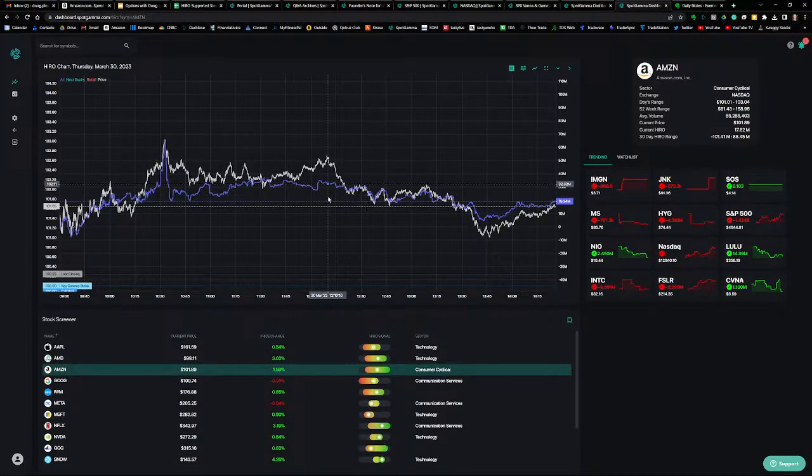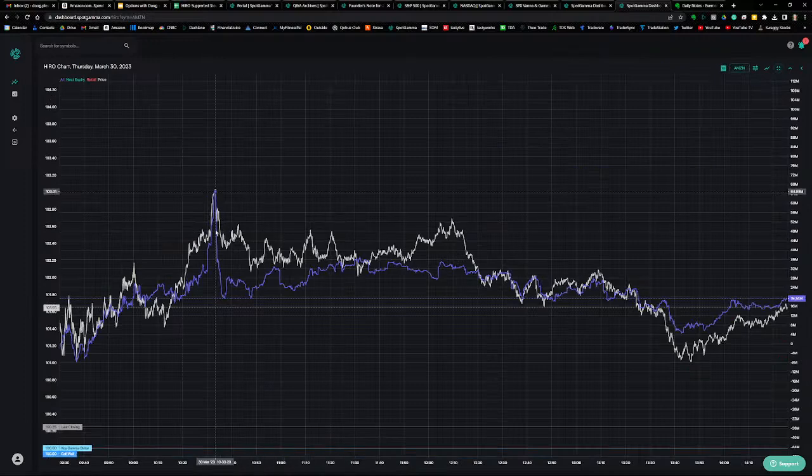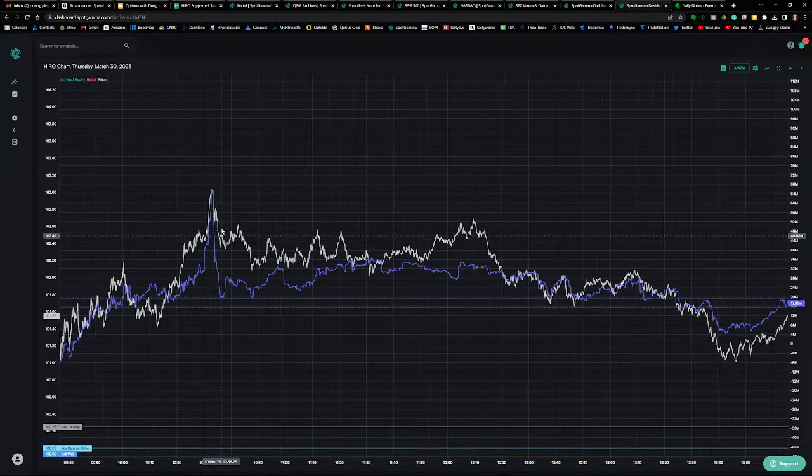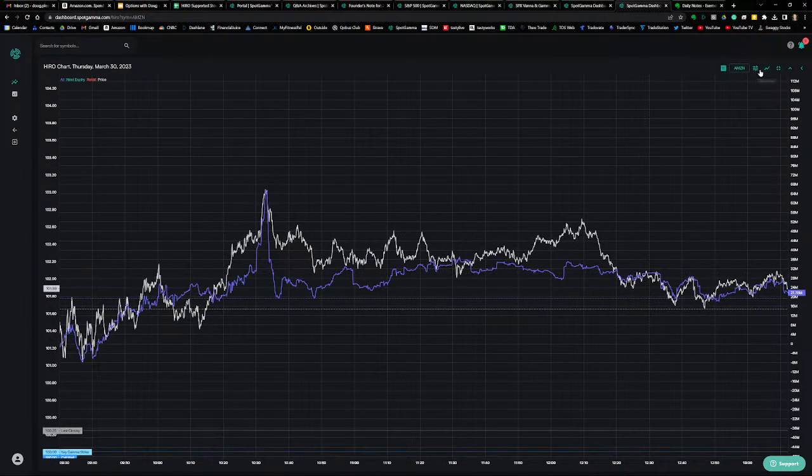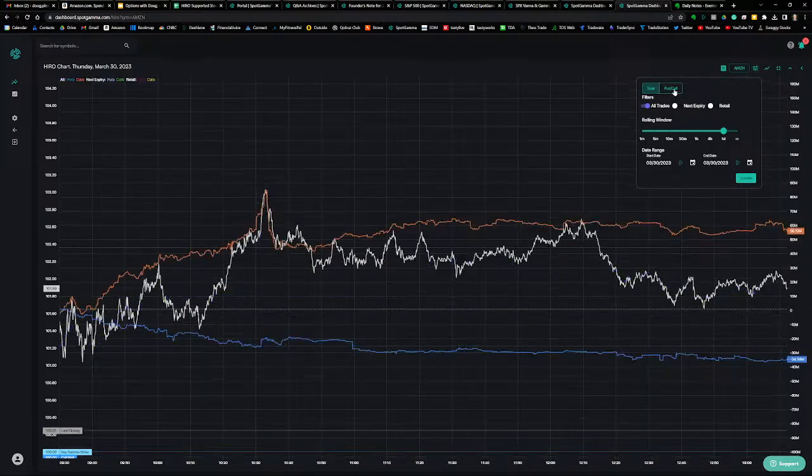And for Amazon, strong confirmation between hedging flow and price action. Call buyers driving price action.